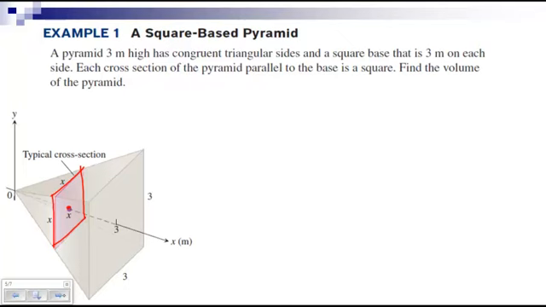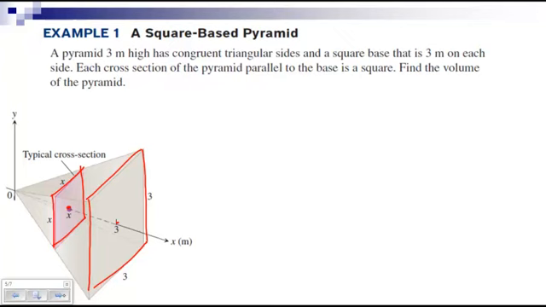Now let's try to make things a little bit easier. When x is equal to 3, this square is 3 by 3. What's the area when x is 3? 9. When x is 2, what do you think the area of the square is going to be? 4?